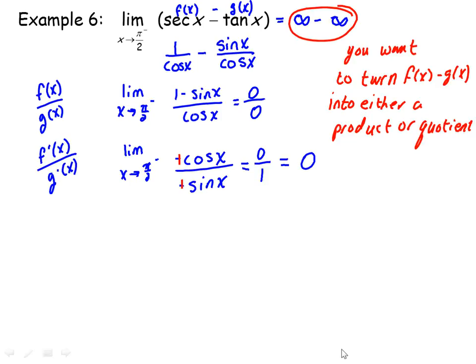And you're going to do that by using trig identities or straight up algebra. Better? Anything else?